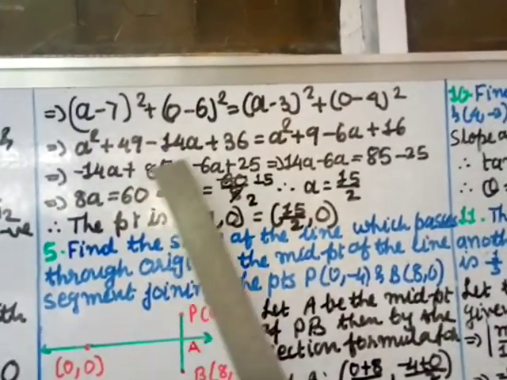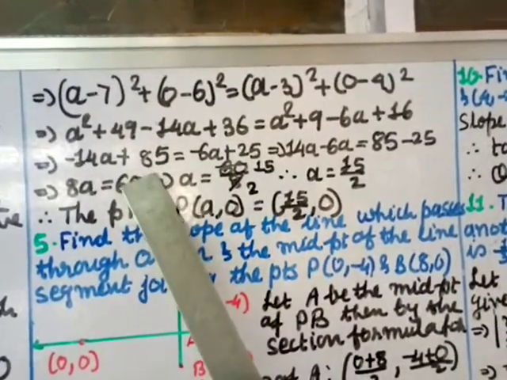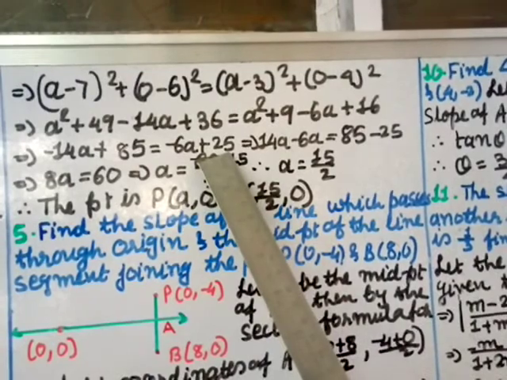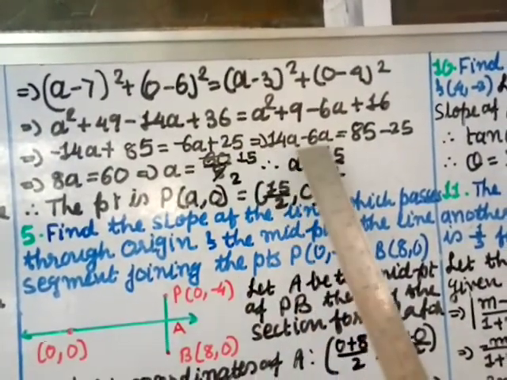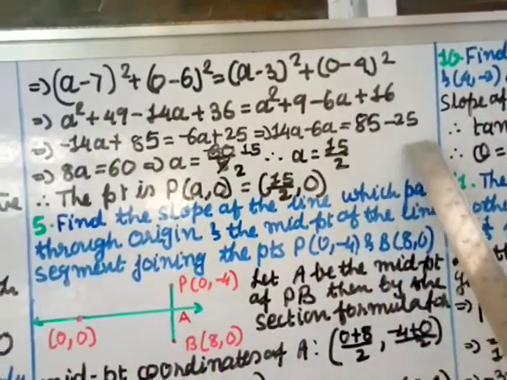Now minus 14a is here, 49 plus 36 gives you 85, equal to minus 6a, 9 plus 16 gives you 25. Now suppose this minus 14a you transfer over here, so 14a minus 6a equals, this 25 you transfer over here, so you get 85 minus 25.